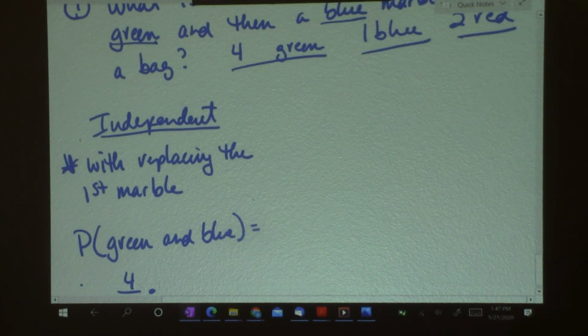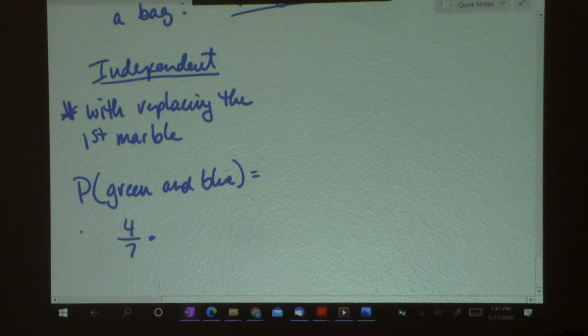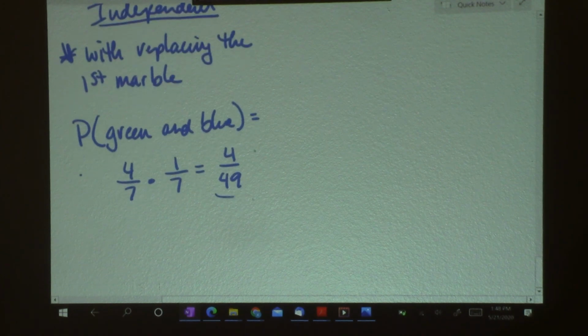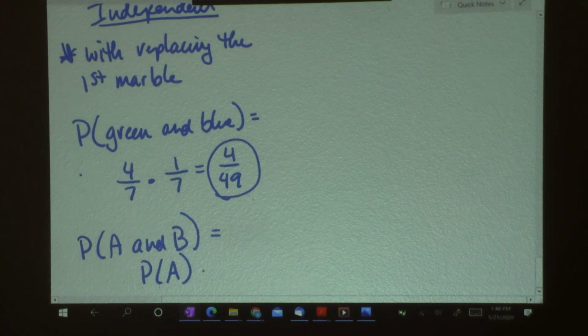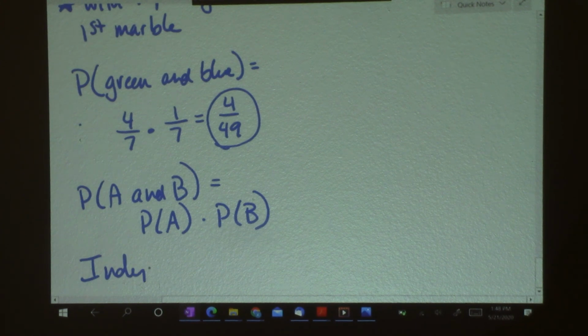So I still have 7 marbles, all right? So there's only 1 blue one, so I would multiply that by 1 over 7. So I end up with an answer of 4 out of 49. That's how likely or unlikely it is that I'll pick green, put it back, and then pick blue. And so for that formula of P(A and B), what I do is I multiply them. Okay? And this is for independent events.